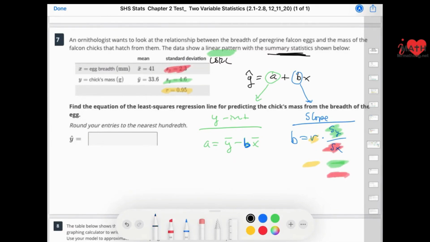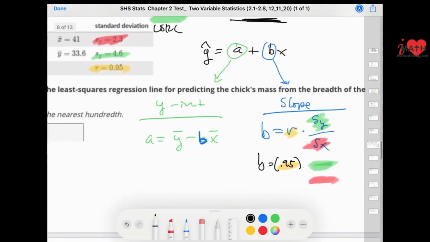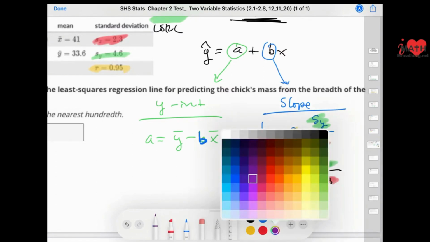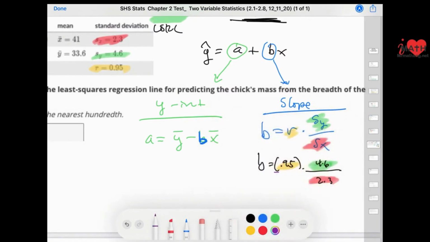Let's put those in. b equals 0.95 times a fraction, 4.6 over, in red, 2.3. And I'm just going to make this a longer fraction, multiplying the top and the bottom.